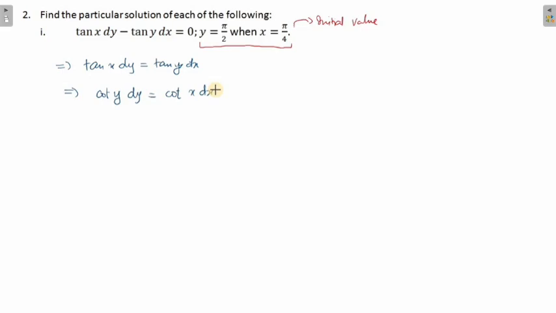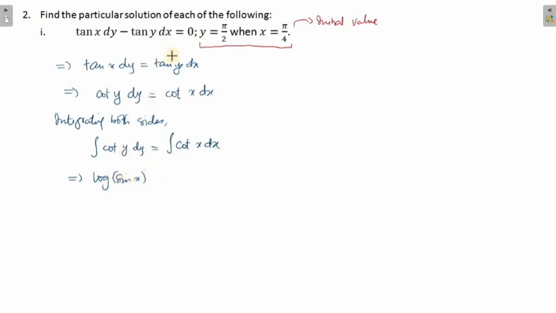Now after that, obviously you have to integrate. So integrating both sides, you get integral cot y dy equals integral cot x dx. Now all of you know the integral of cot is nothing but log sin.